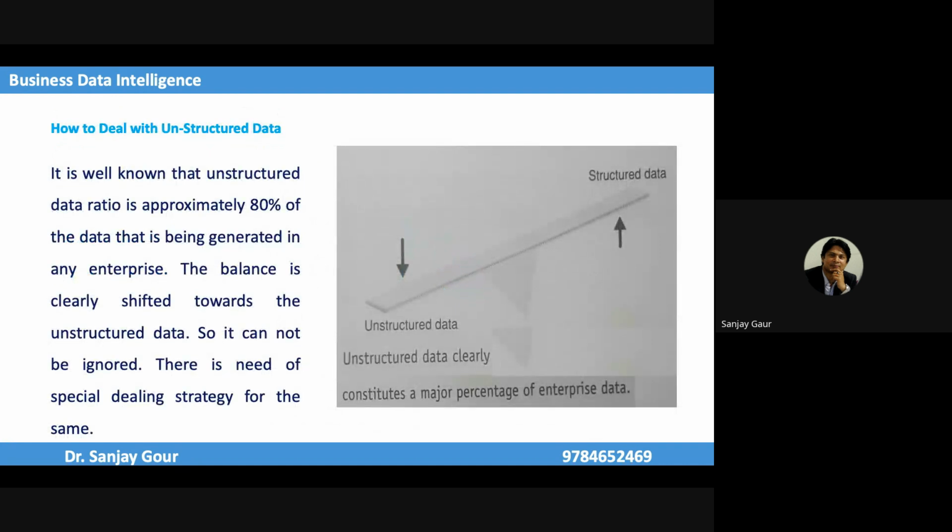So, how to deal with unstructured data? We can say 80% of data is unstructured. It is well known that the unstructured data ratio is approximately 80% of the data being generated in any enterprise.